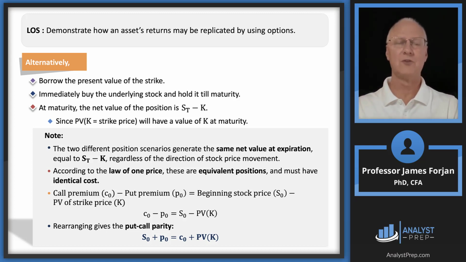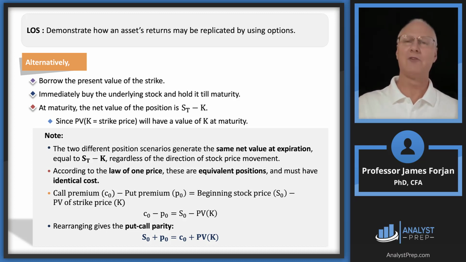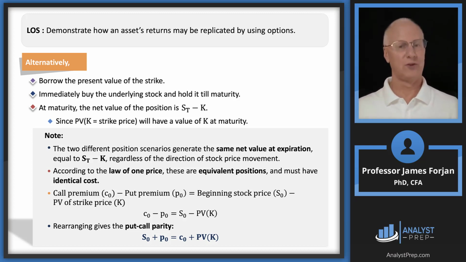So what we're going to do is essentially buy a bond today that has a maturity value equal to the exercise or the strike price of the option. So call plus the present value of K, you're doing all that in the credit markets.